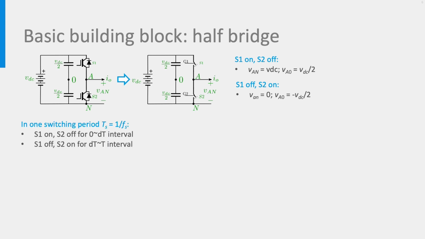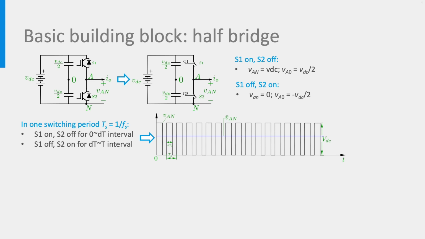Therefore, in one entire switching period Ts, S1 is on and S2 is off from 0 seconds to D times Ts seconds, and S1 is off and S2 is on for the rest of the switching period.